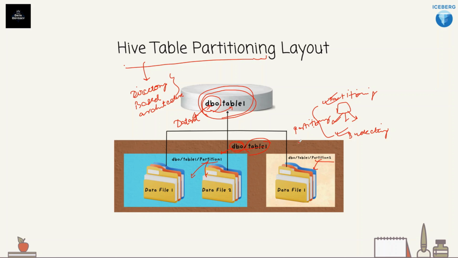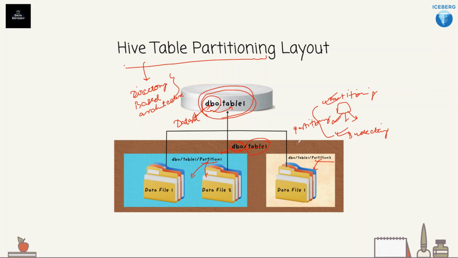So whenever you put data into a particular table in Hive format, it follows a directory based architecture, and the data files get stored into multiple partitioning folders. All right, and how are the partitions being formed? It is being formed either on the basis of a particular column which is present inside the data set, or on the basis of a range.